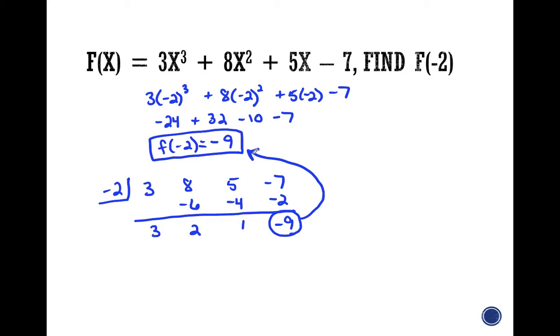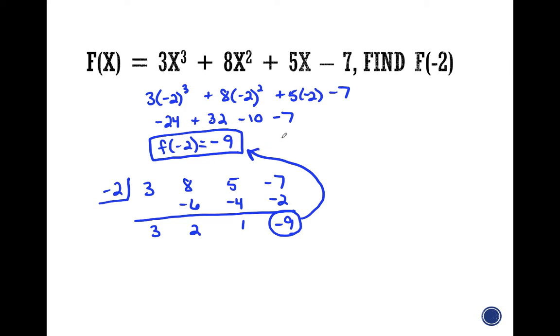And that's what the remainder theorem tells us. So if you're asked to evaluate a function, we can use synthetic division to quickly evaluate that function, and that's a pretty helpful little trick. Just something to keep in mind. So again, that's an example of our remainder theorem.